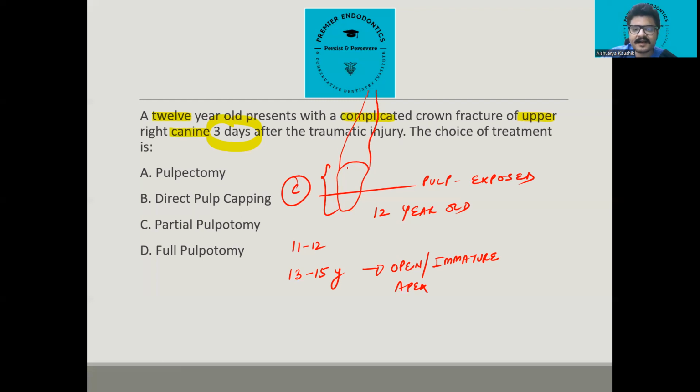This is the pulp, this is the CEJ, and this is the coronal pulp. We are supposed to remove this entire pulp completely, right at the level of the CEJ.